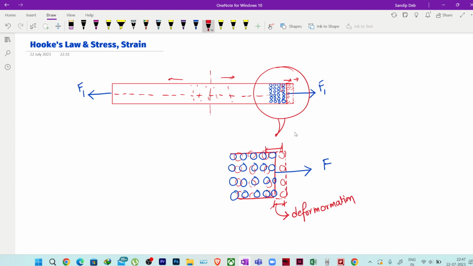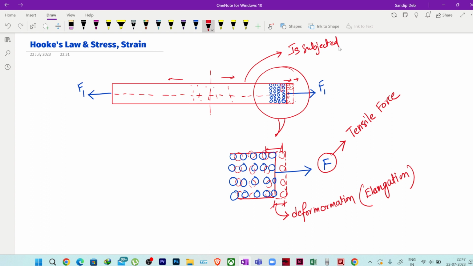So in that case, we can say this is elongation. In this case, this force that we have applied will be called a tensile force, and this bar we can say is subjected to tension.